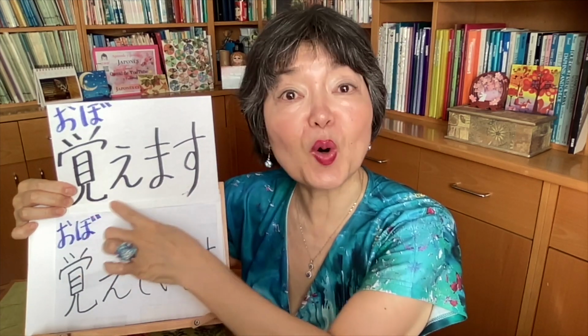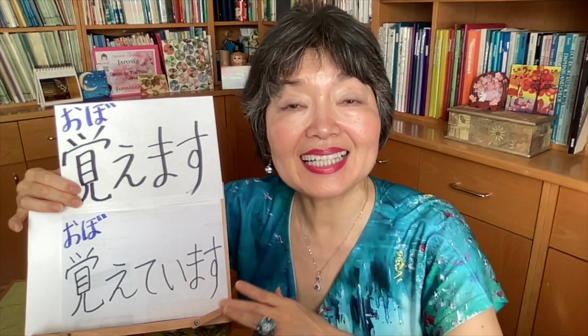Now the last verb, 覚えています. This is from 覚えます and the te form 覚えて and います. This means the state. This means what you learned or what you had an experience of. This kind of thing is in your brain and stays there. It is retaining. So this state of retaining experiences and memories is 覚えています. Not only about experience or studies, but also emotion and feeling.